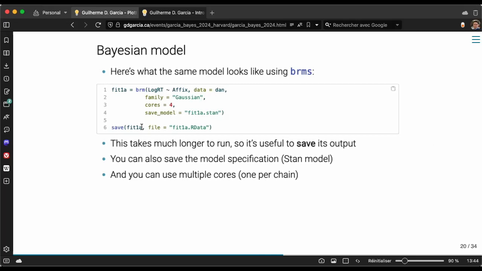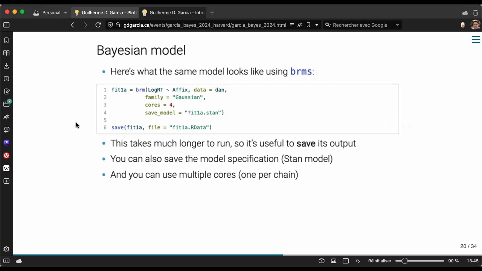It's pretty easy. And it's very useful to, I mean, I always do this. I don't know if you are in the habit of using RData files or extension. So saving the model is important because, as we all know, these models take much longer to run. Even a simple model like this will take maybe a minute, which is a lot compared to the frequentist version, which just runs immediately, right? So if it's a convoluted model, it could take, I don't know, 20 minutes, right?